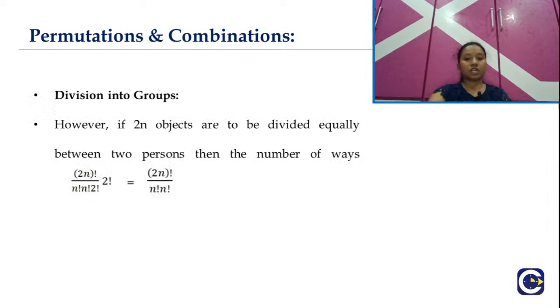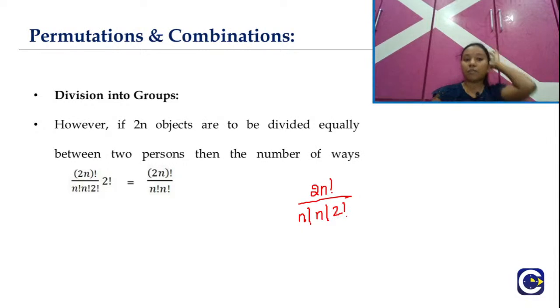Coming to the next one: if 2n objects are to be divided equally between 2 persons, what is the number of ways? We already know the number of ways of dividing the 2n objects, that is 2n factorial by n factorial into n factorial into 2 factorial.